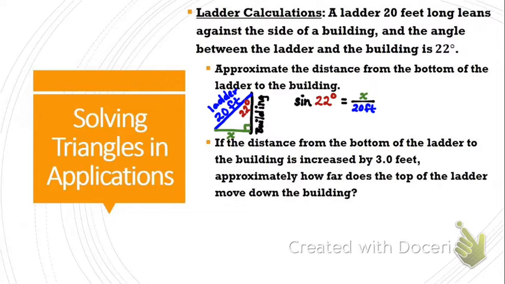Multiply both sides by 20 feet. So grab your calculators and let's do that. And go ahead and round it out to 2 decimal places for me right now. 7.49 feet.